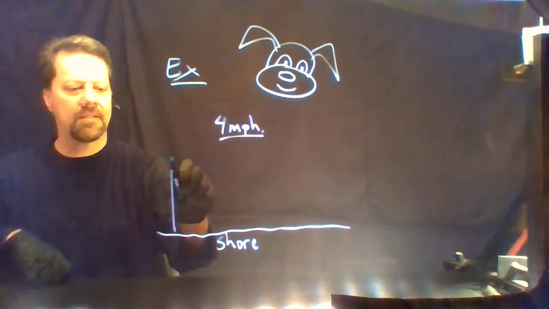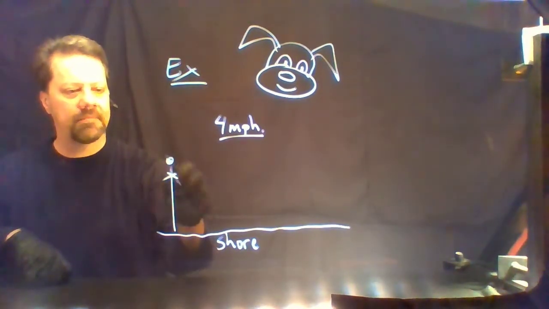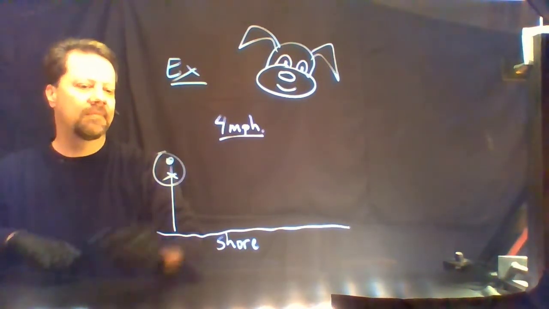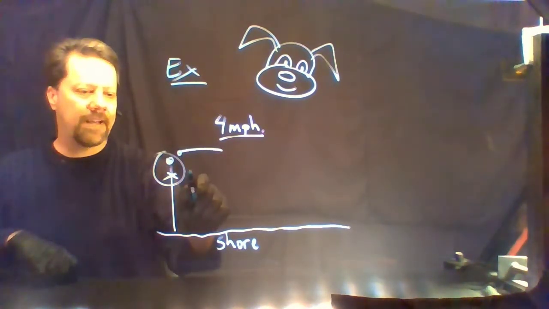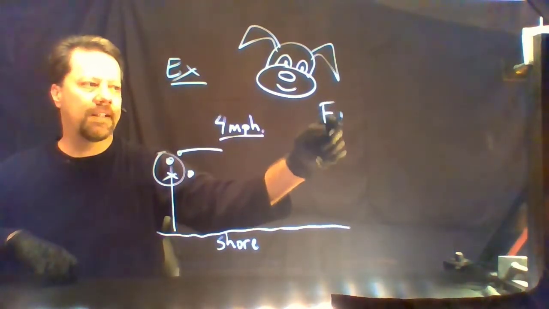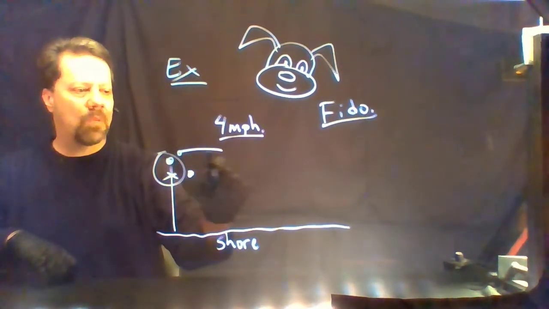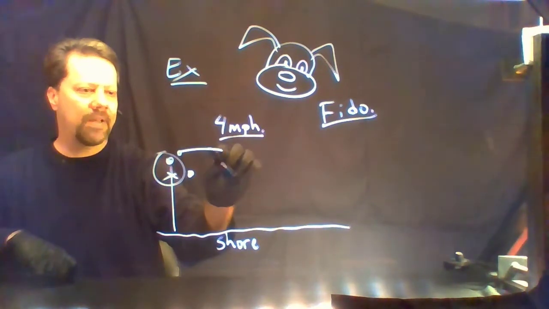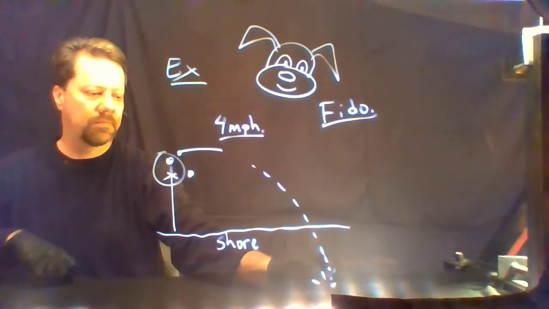And here we are, standing right here. This is where we're standing, and we have a ball. We're going to throw that ball, and our dog, Fido, is right next to us here. This is Fido. We're going to throw that ball into the water.